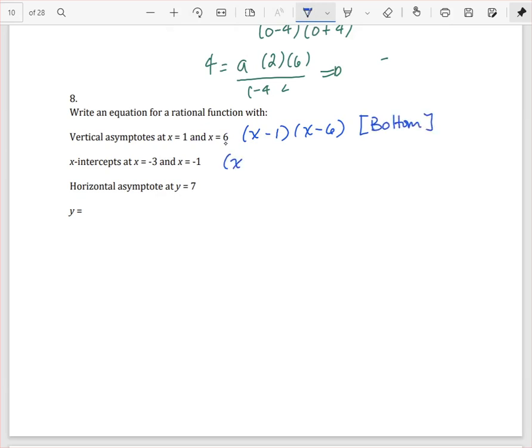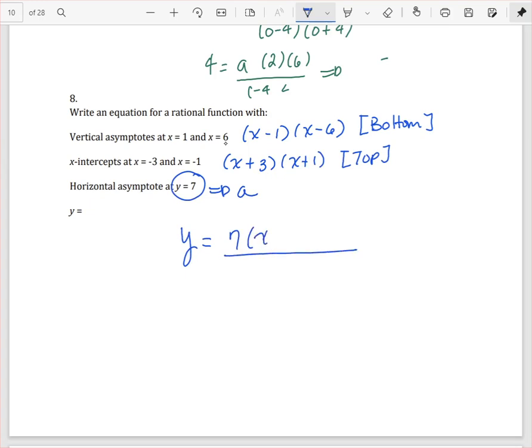The x-intercepts gives us the top, and the nice thing is when they give you the horizontal asymptotes, this gives you a. So in a problem like this, everything is already done. You just need to write it in.